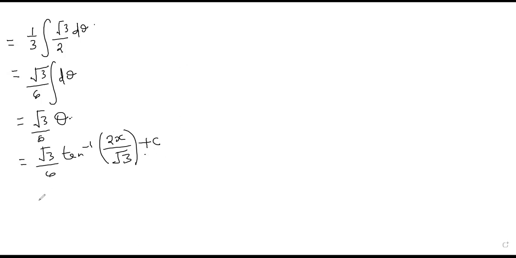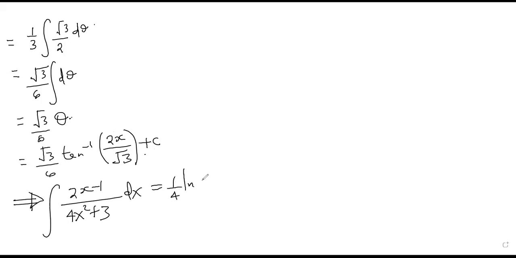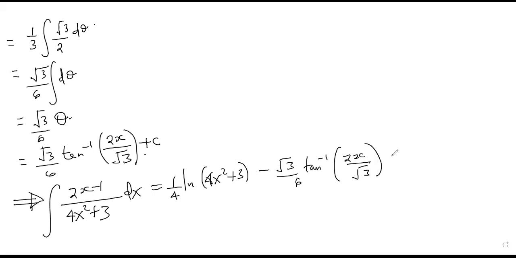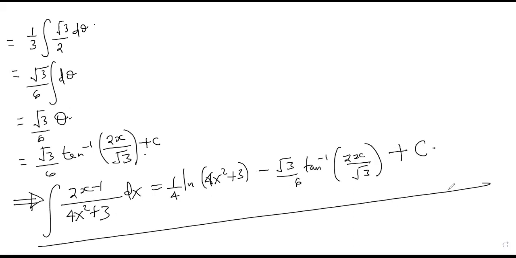So it implies that the integral of 2x minus 1 over 4x squared plus 3 dx is going to be equal to a quarter ln 4x squared plus 3, then minus root 3 over 6 tan inverse 2x over root 3, then plus a constant of integration. That is what we are having.